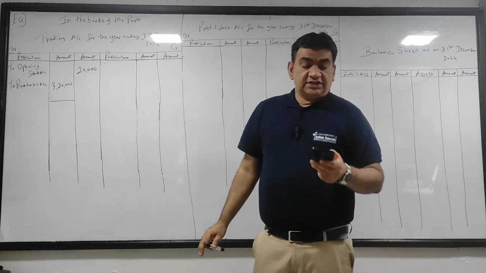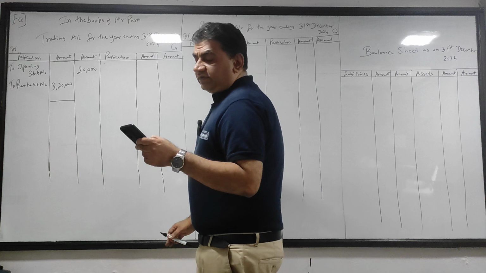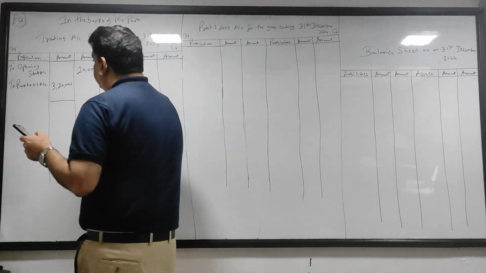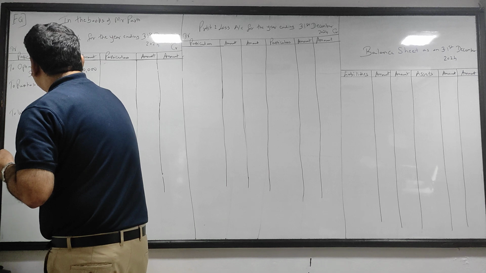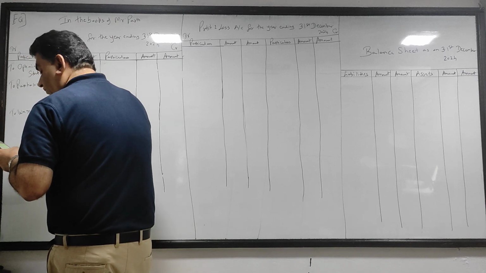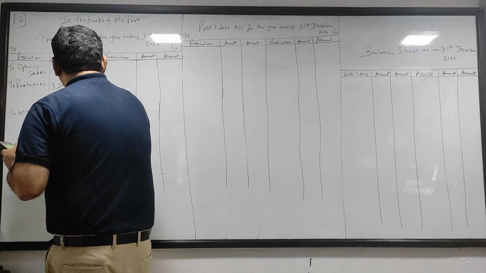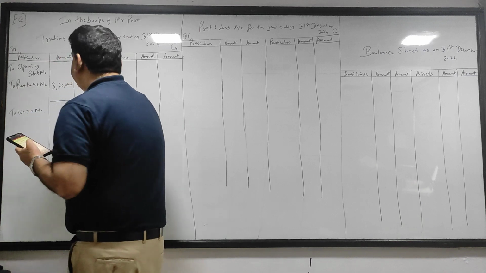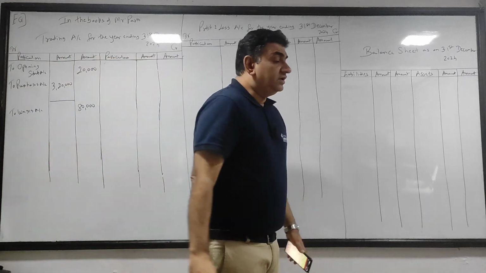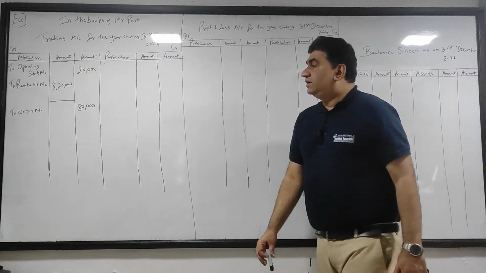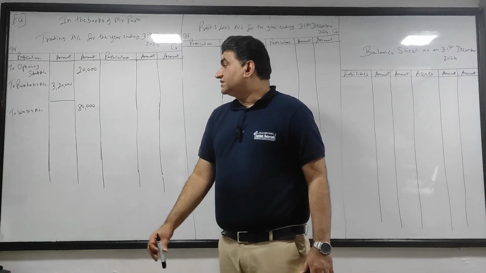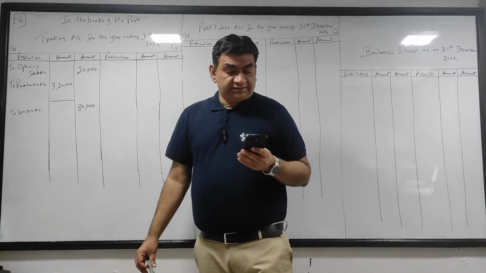Directly related to purchase or production of goods will be debited to trading account. So wages will be debited to trading account straight away outside to wages account, that is 80,000.